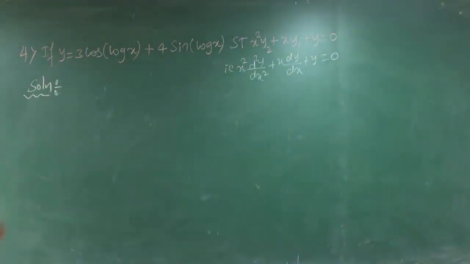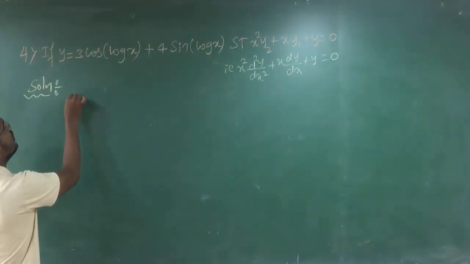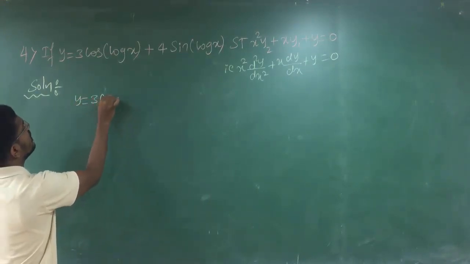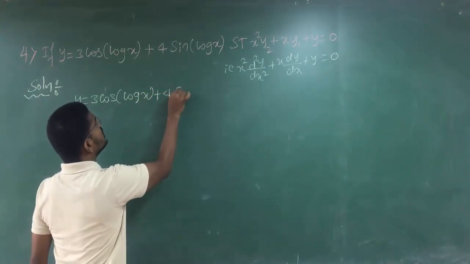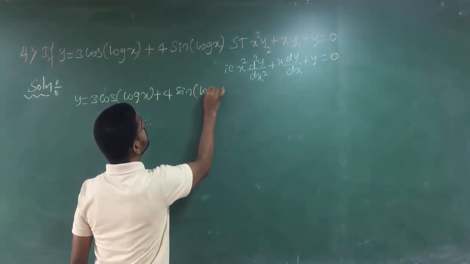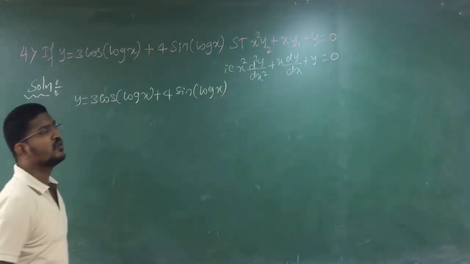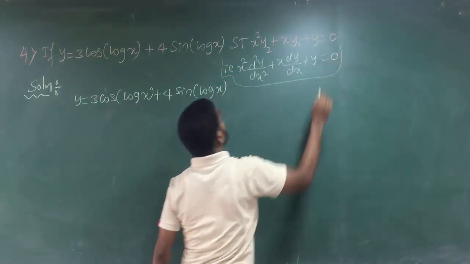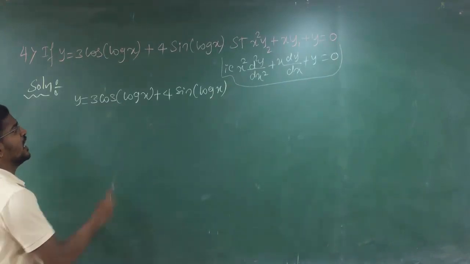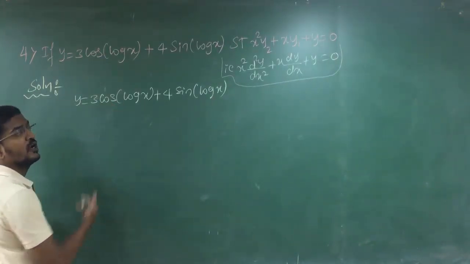For that reason, let us try to solve this. y equal to 3 cos of log x plus 4 sin of log x. Now you have to differentiate. Again, composition of two functions.